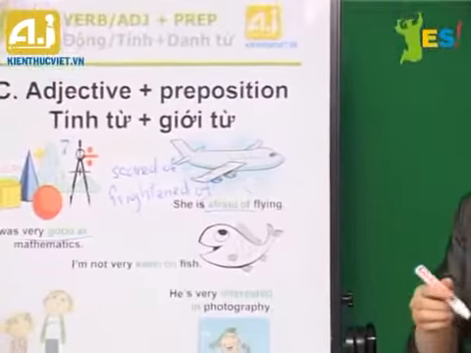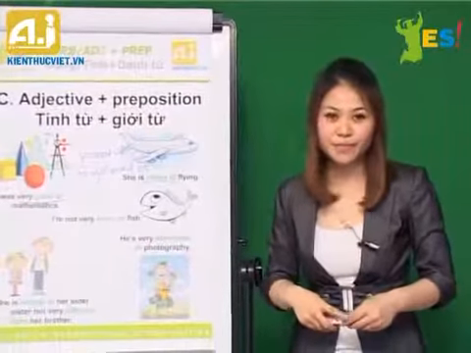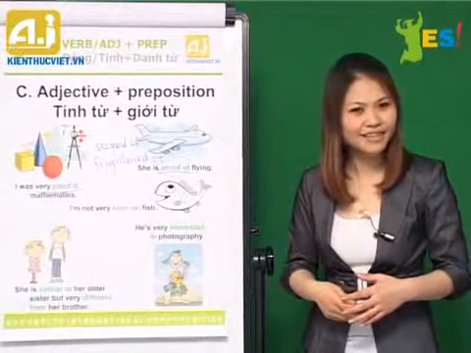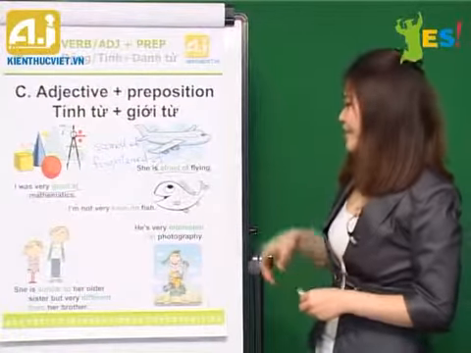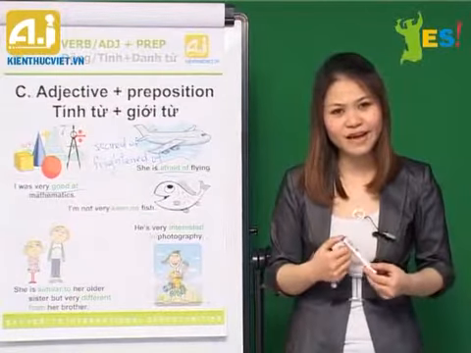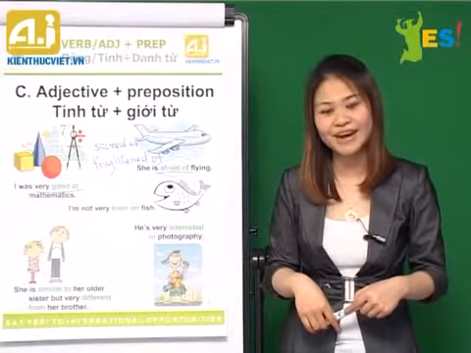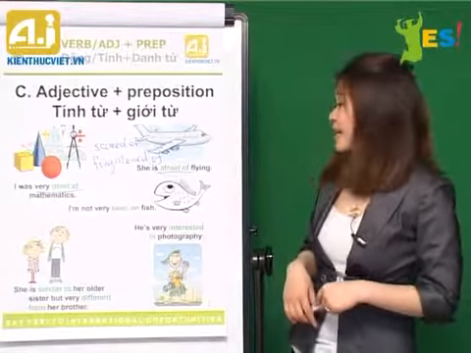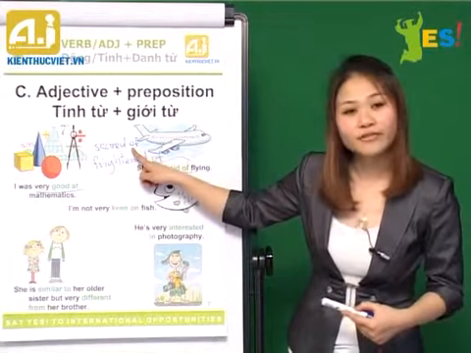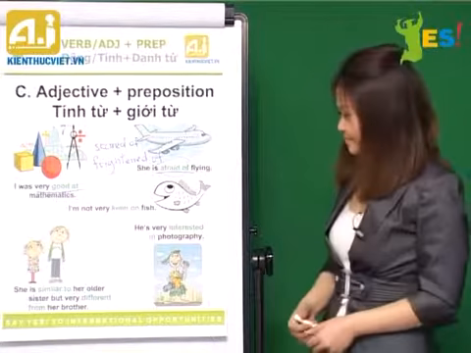These three words mean exactly the same, and you can use any of them to talk about your fear if you have it, but you shouldn't. For example, you can say, she's afraid of flying. She doesn't like flying. She's not comfortable when it comes to getting on a plane, right? So she's afraid of flying, or she's scared of flying, or she's frightened of flying.